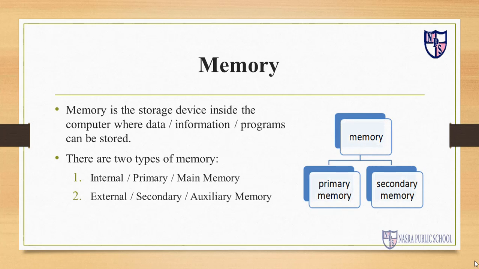These are all names of internal memory. Next is external, secondary, or auxiliary memory. These are the names of secondary or external memory. So basically we have 2 main types of memory: internal or primary, and secondary or external memory.